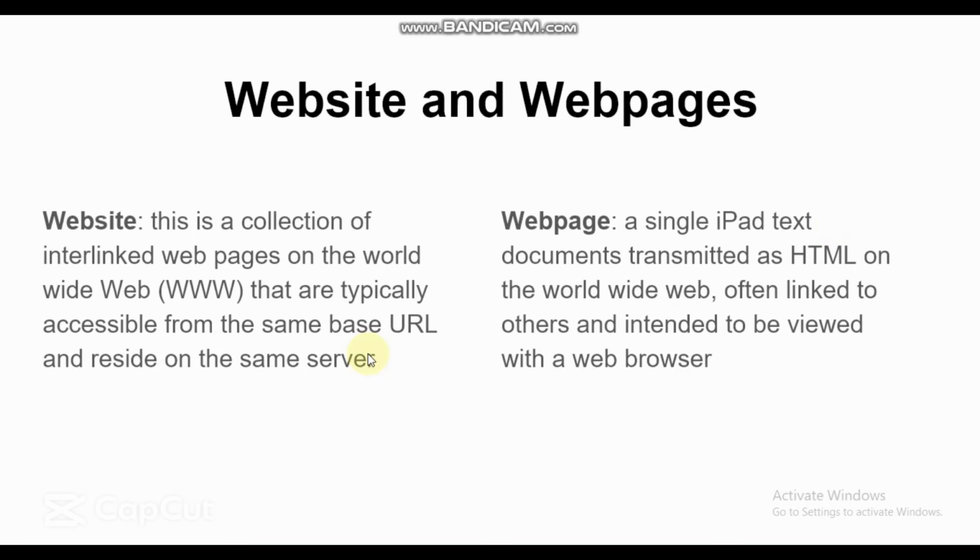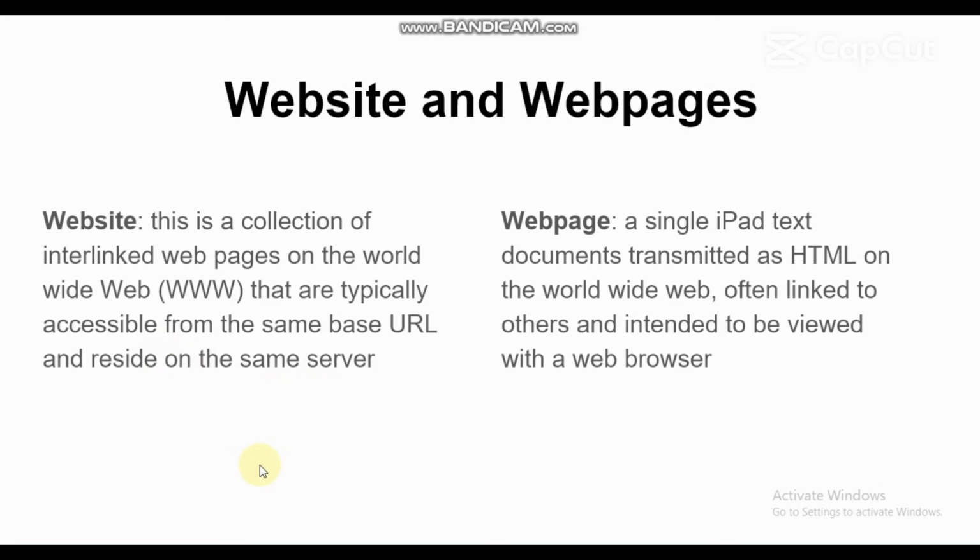Let's say, for instance, you are on the Amazon website, then subsequent web pages that you visit will also take the domain name and some part of the URL. Then maybe the last part of the URL is what will connect you to various web pages on the website.